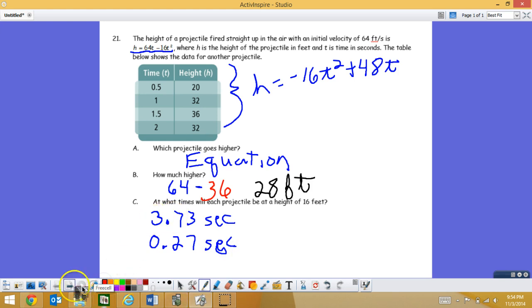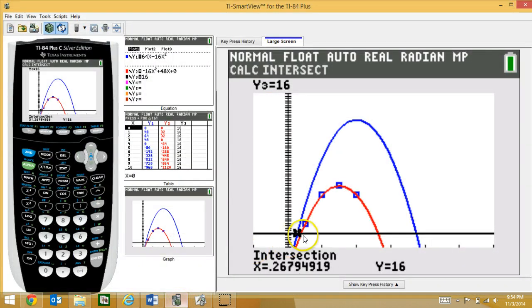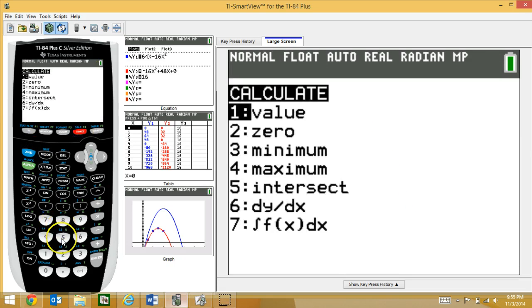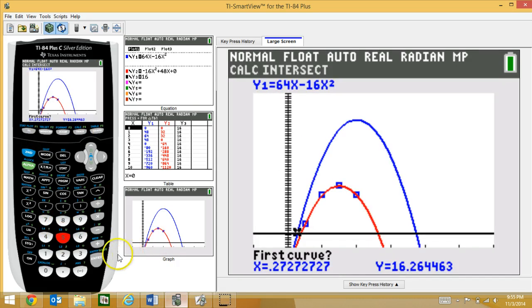So now we're going to do the same thing except with the red graph. We're going to find when this red graph is 16 feet off the ground. So for this one, we're going to calculate a couple of intersections again. So we're going to calculate an intersection. First curve, we don't want the intersection of the blue graph, so we're going to down arrow. We do want the intersection of the red graph and the black graph.